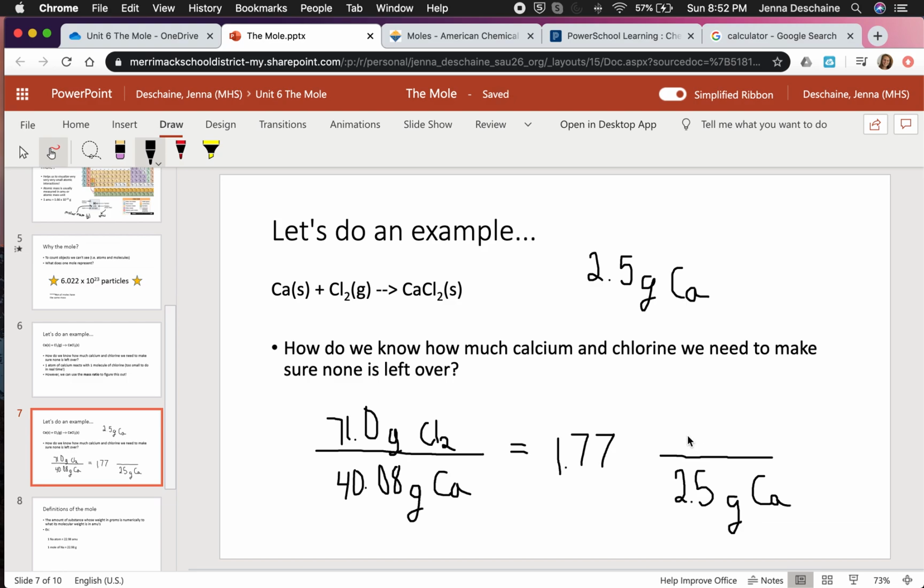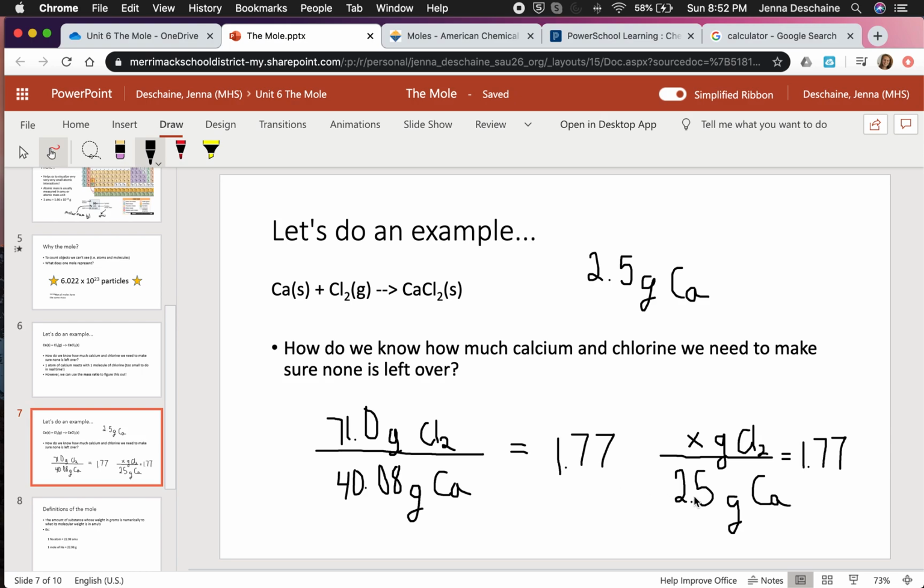And I didn't tell you how many grams of chlorine that you got, so that's just going to be X grams of chlorine. Whoa. All right. We know that that number is going to equal 1.77, okay, because we've calculated it with the mass ratio. We know that if we have 2 chlorine atoms and 1 calcium atom, the ratio of their mass is going to equal 1.77.